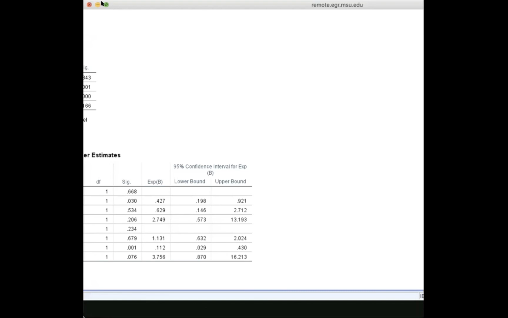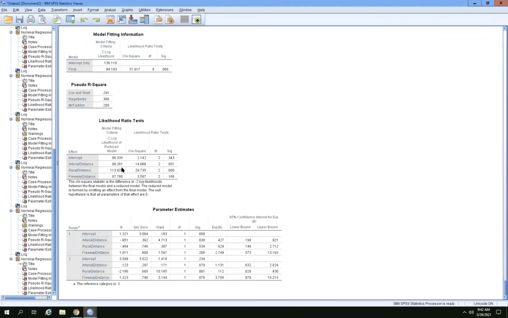So if we go back and look at this, the intercept terms still give us meaningful information. There are two ways to think about this. One way is if all of our x's are simultaneously equal to 0, that gives us an estimate of what the relative shares are of that route choice decision.